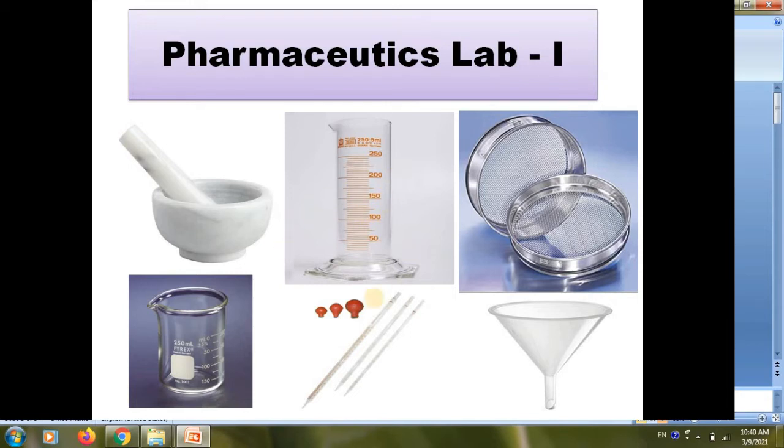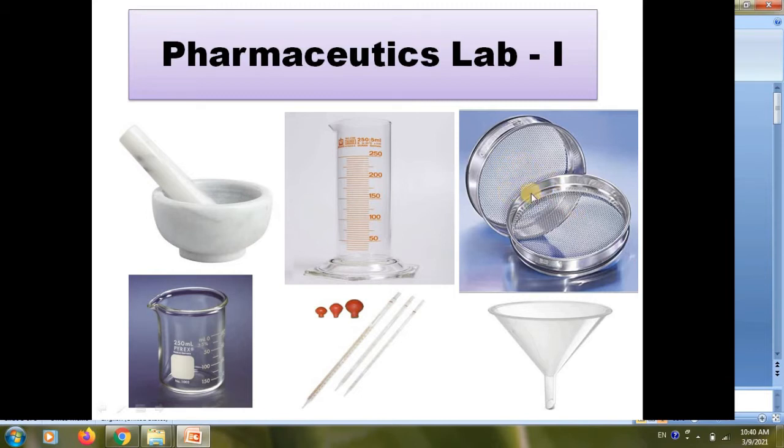So the third one is your sieves. To get a desired particular size of your ingredient, we use different sieve numbers. If you see, this is a sieve of one number, and the second is a sieve of another number.